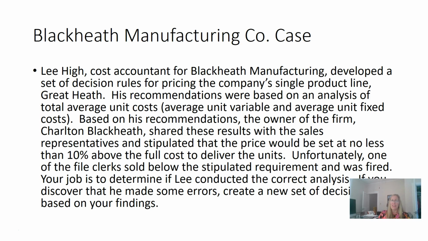And his recommendations were based on average unit costs, which includes both elements of variable and fixed costs, which would be fine to do if we had a backlog of orders, if we had back orders and a lot of demand for our products, right? But we don't. There's considerable variation there. So you've got to be super careful about incorporating the fixed costs in that.